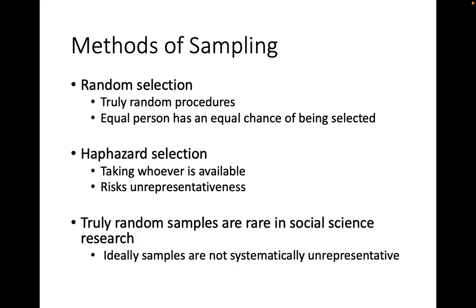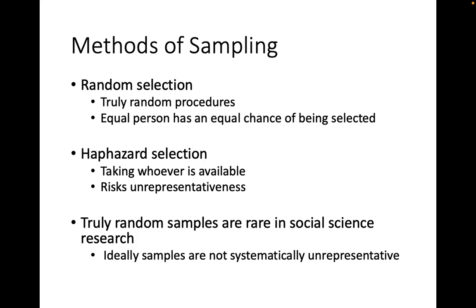Usually, the ideal method of picking out a sample to study is random selection. Random selection is a method for selecting a sample that uses truly random procedures. What this usually means is that each person in the population has an equal chance of being selected.